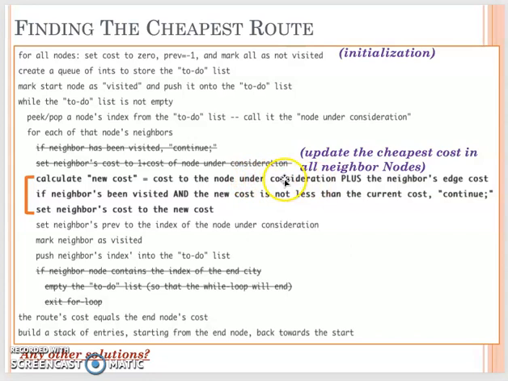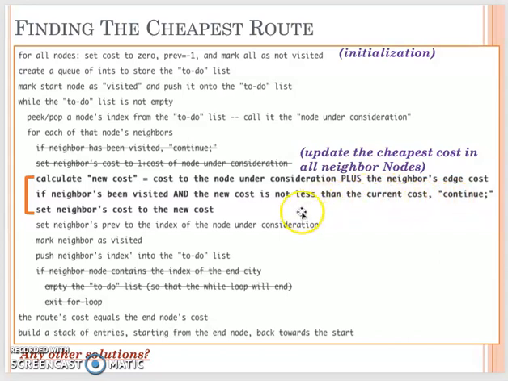If this new cost is smaller than the original cost, then we need to update it. Otherwise, we do nothing. So that's why your if statement is: if the neighbor has been visited and the new cost is not less than the current cost, then I don't need to worry.